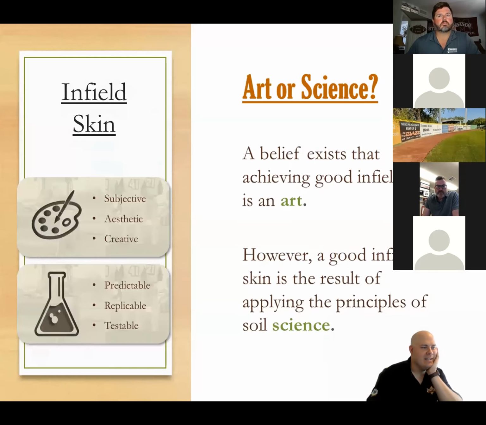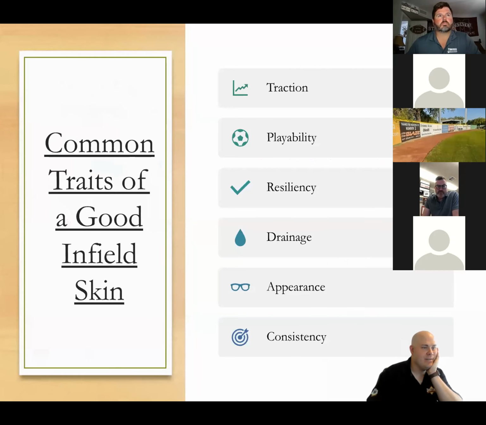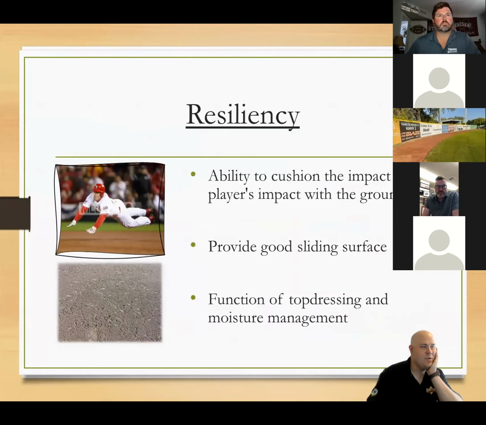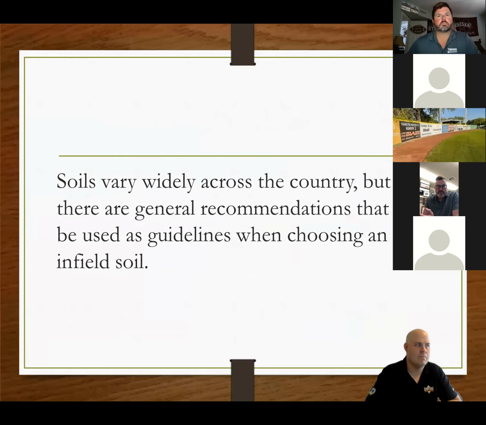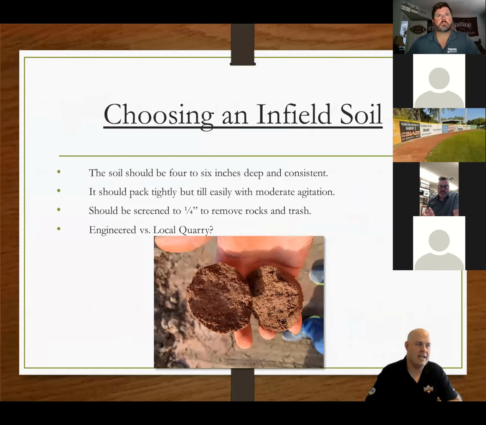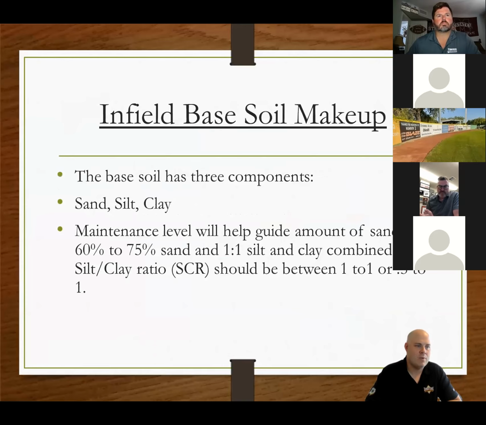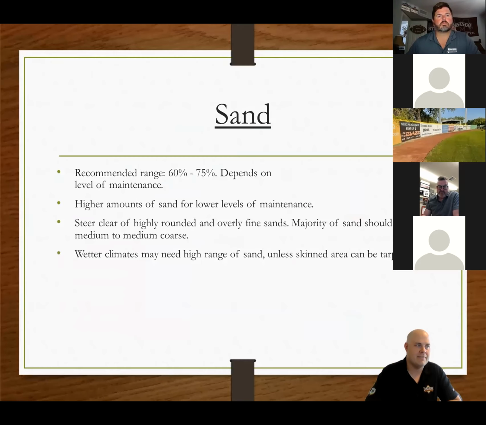I didn't bring that up, Jim, but that's the other thing: once you have a balanced infield skin, unless you have excess play where you're playing 300-400 games a year on a field, then it really shouldn't need maintenance until year 5 or 6.